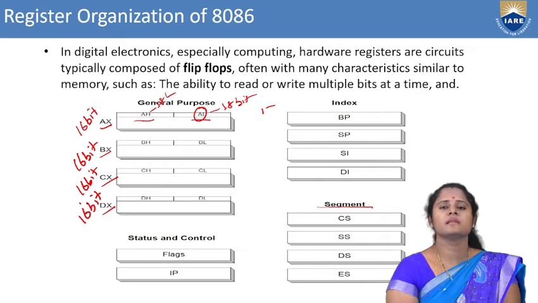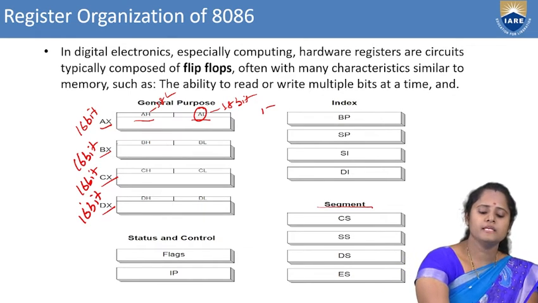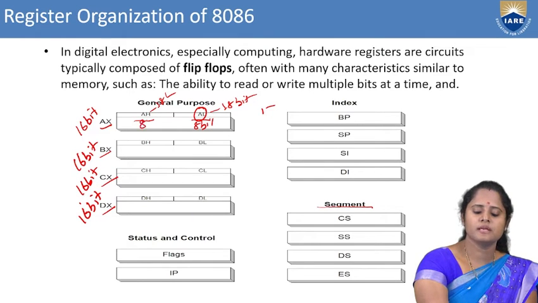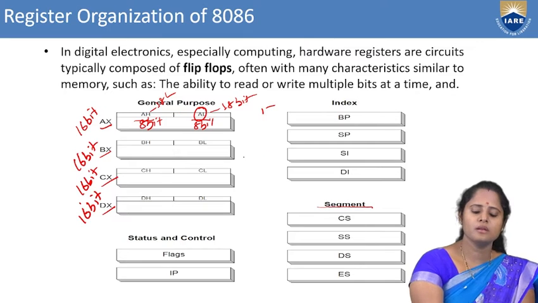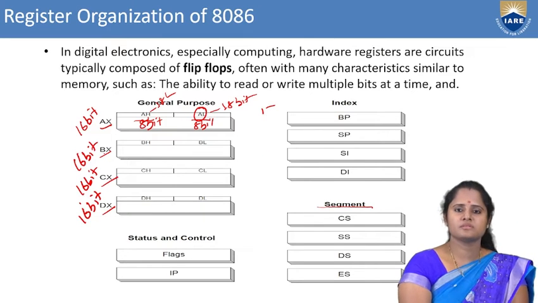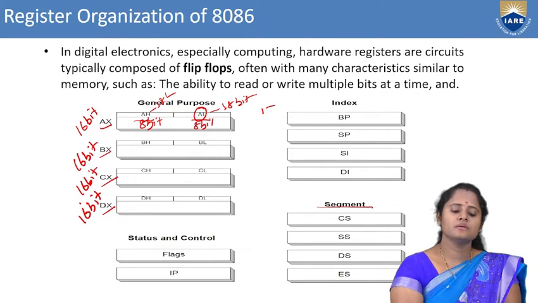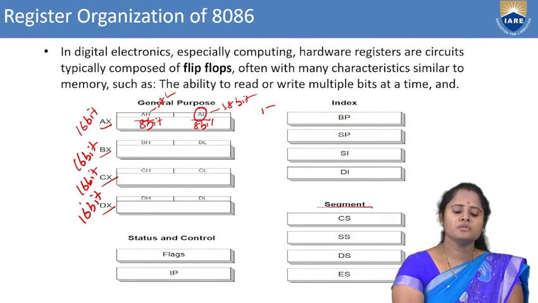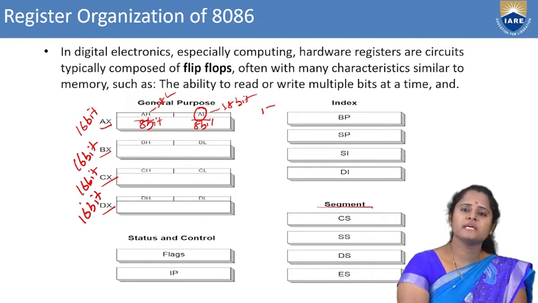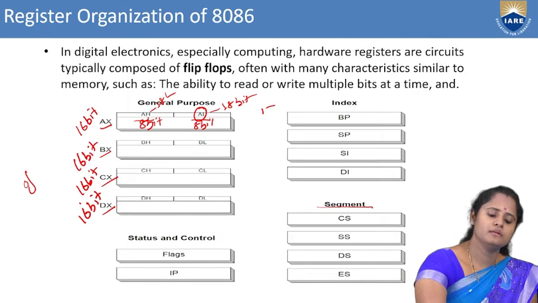A is given as the accumulator register. We'll see it in detail next. This is an 8-bit space which stores 8 bits, and this is another 8 bits. Similarly, the BX register: the B indicates the base register. It is used to store the offset address.